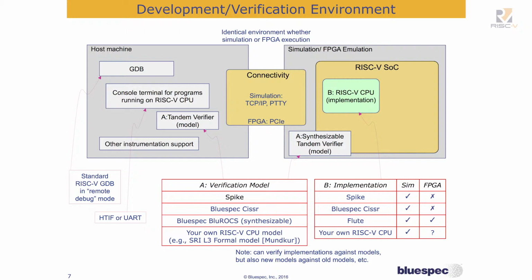The tandem verification I've shown here in two separate boxes. One is shown on the left-hand side, and I've labeled it A. And on the right-hand side, the CPU, I've labeled it as B. This allows us to do an online A-B comparison between the implementation, which is the B box, and your model, which is the A box.